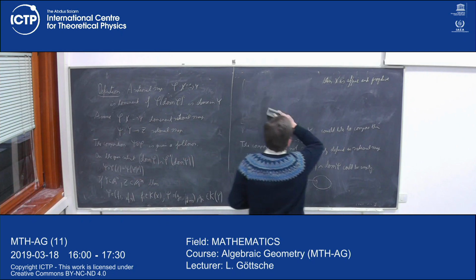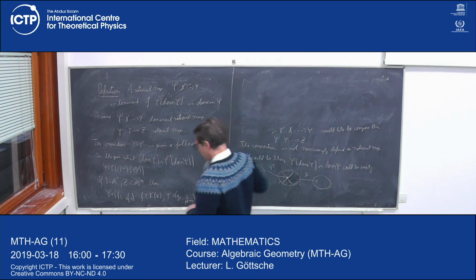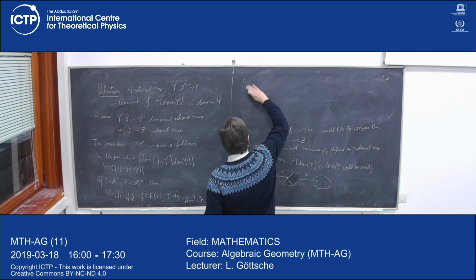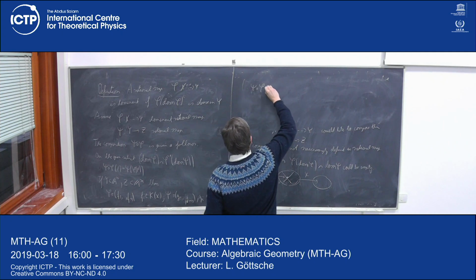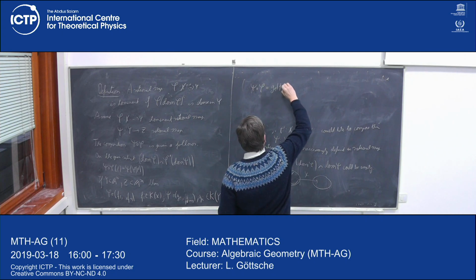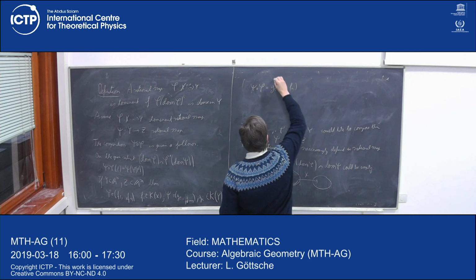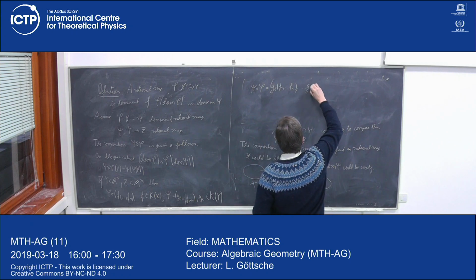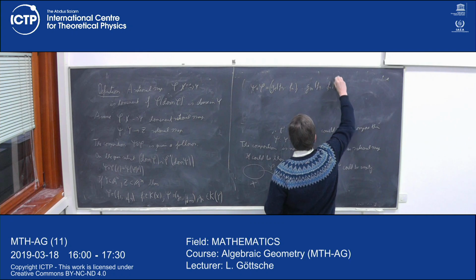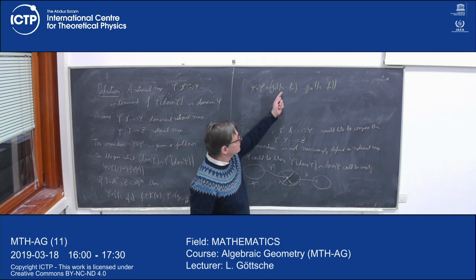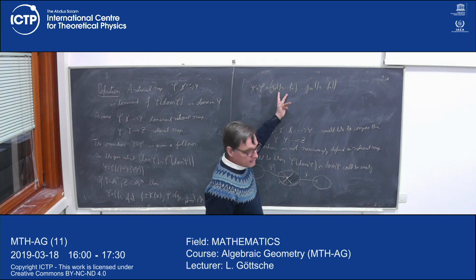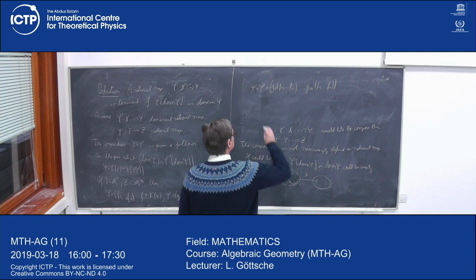And so then obviously psi composed with phi will just be given by g1 of f1 to fn until gm of f1 to fn. So we have just replaced the coordinates by these functions, and these can easily be seen to be rational functions.